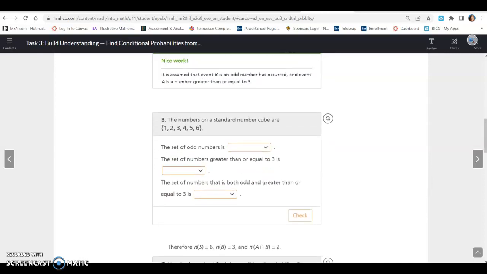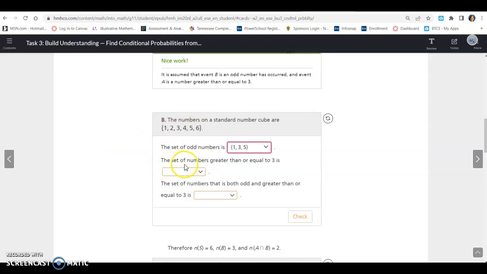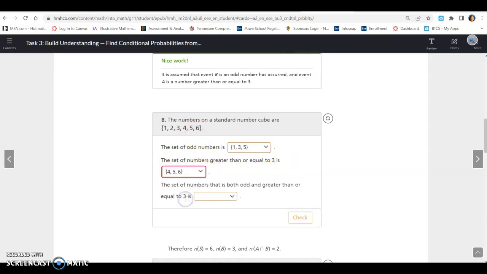The numbers on a standard number cube are 1 through 6. The set of odd numbers would be 1, 3, and 5. The set of numbers greater than or equal to 3 would be 3, 4, 5, and 6, since 3 is included.